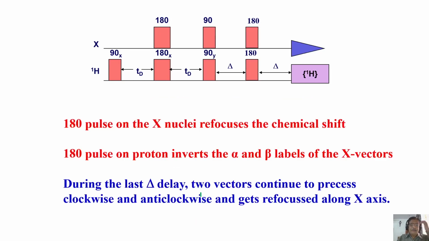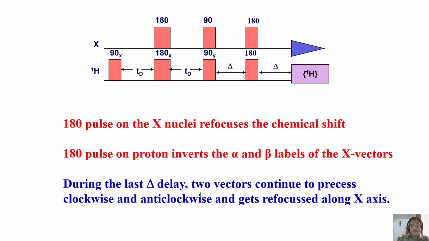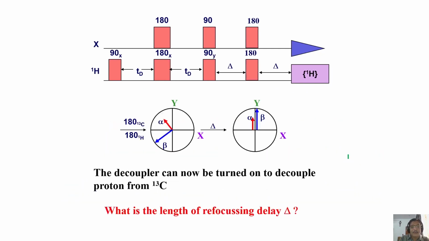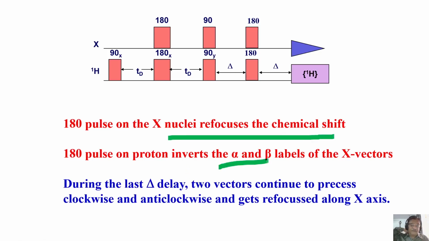And the 180 pulse on the X nuclei refocuses the chemical shift. And the 180 pulse on the proton inverts the alpha beta spin labels of the X vectors. See, this started acquiring the phase, and after some time, the 180 pulse on the X nuclei refocuses the chemical shift, and with the proton pulse, the labels get interchanged.